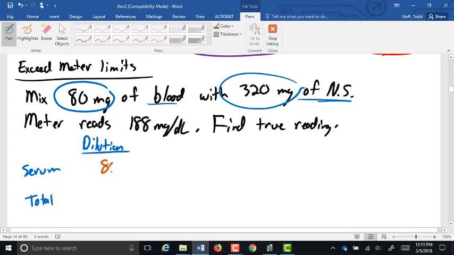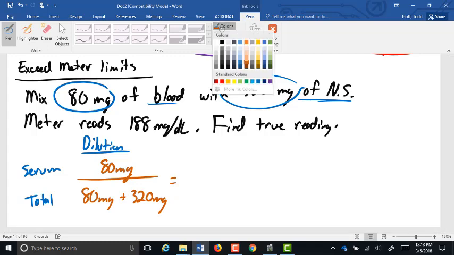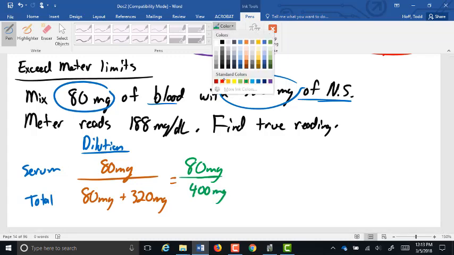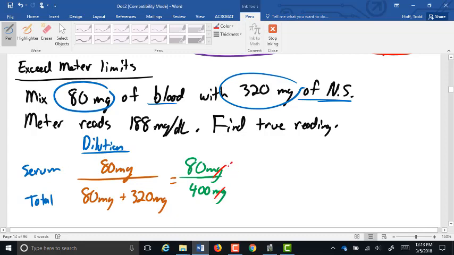The serum here is the 80 milligrams of blood. The total is the 80 milligrams of blood plus the 320 milligrams of saline. So that's 80 milligrams over 400 milligrams. We reduce that. Milligrams cancel out. Both 80 and 400 divide by 80 to give me 1 in 5. So we have a 1 in 5 dilution.